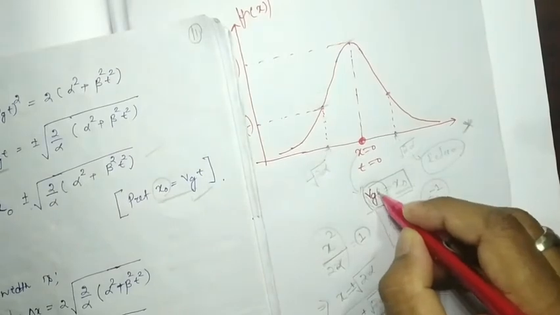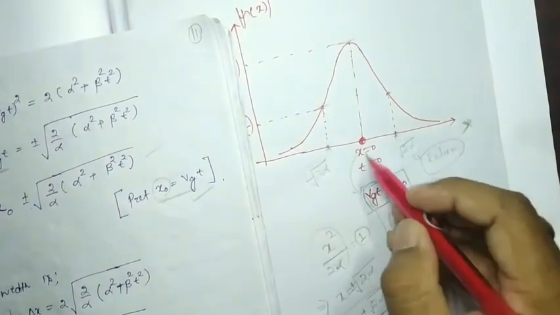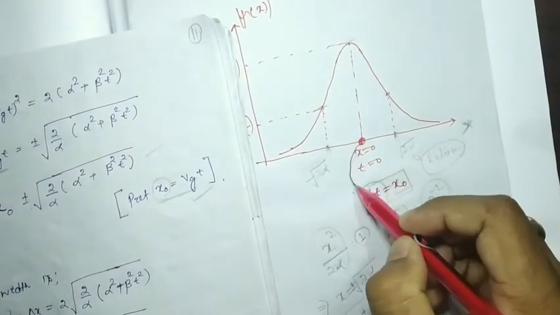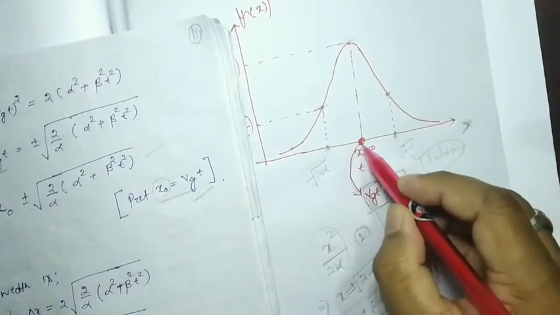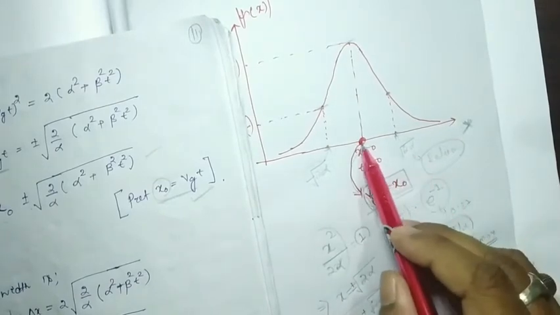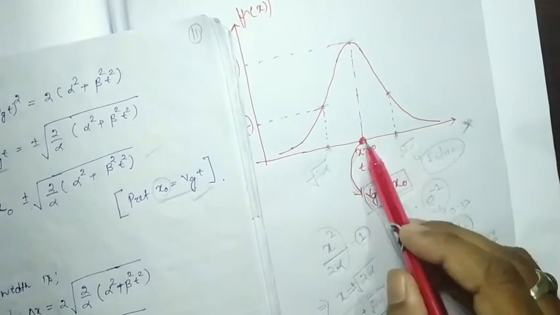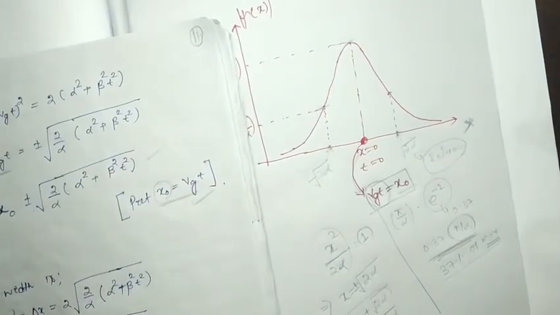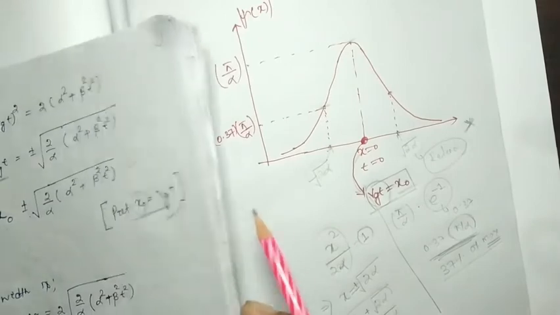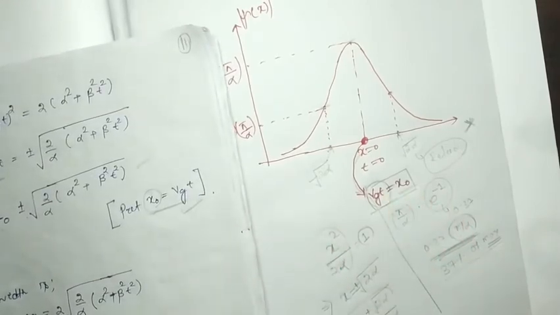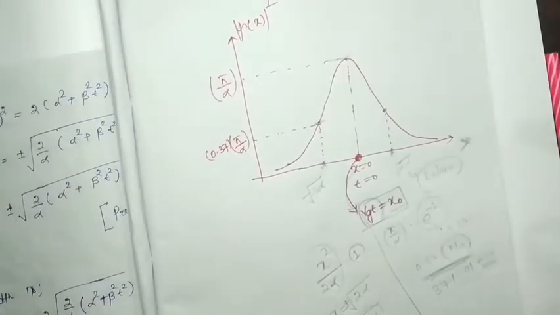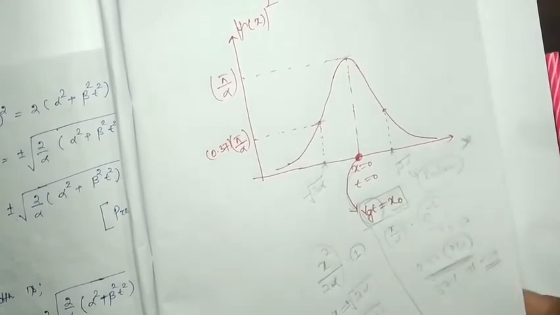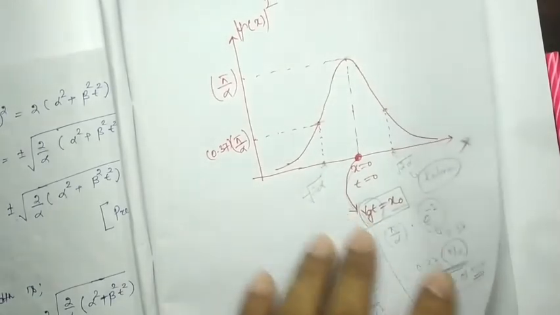So here vg t will be equal to x0. This is considered as the x0 position. Now on the right hand side of this point and the left hand side also, we are going to get the two reference points where your probability density will be reduced to how much? 37%. I am going to draw another figure for this discussion.